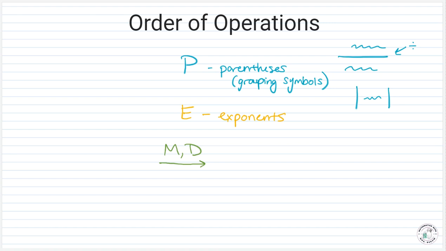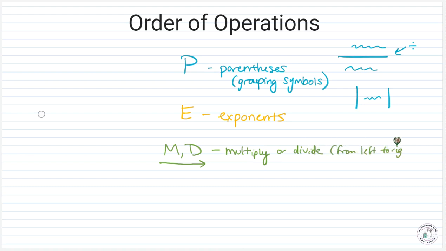So starting at the left side of our expression, we're going to start with either multiplication or division, whatever comes first on the left, and then make our way through the rest of the expression, again, going in order from left to right. So this is our multiplication and division. So multiply or divide, and again, from left to right.